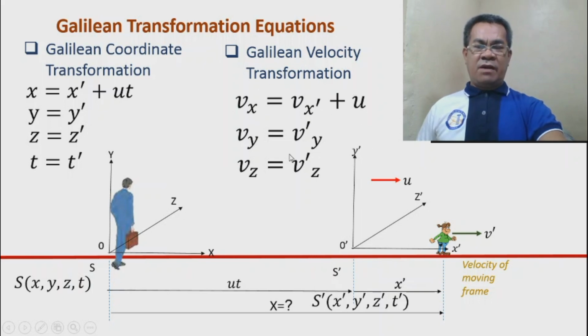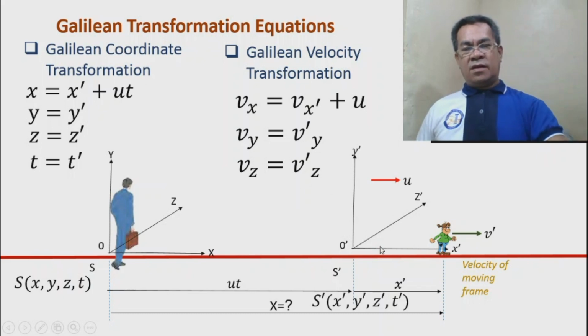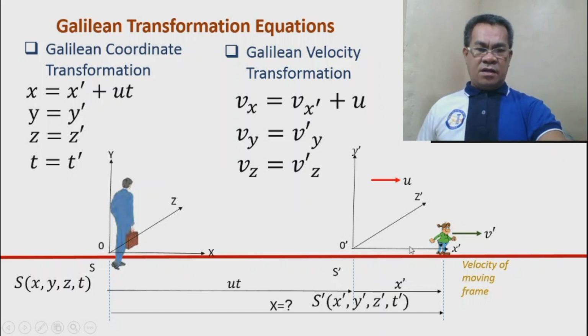If the problem has a component along x, a component along y, and a component along z, then this becomes Vy prime plus u, divided into three components.